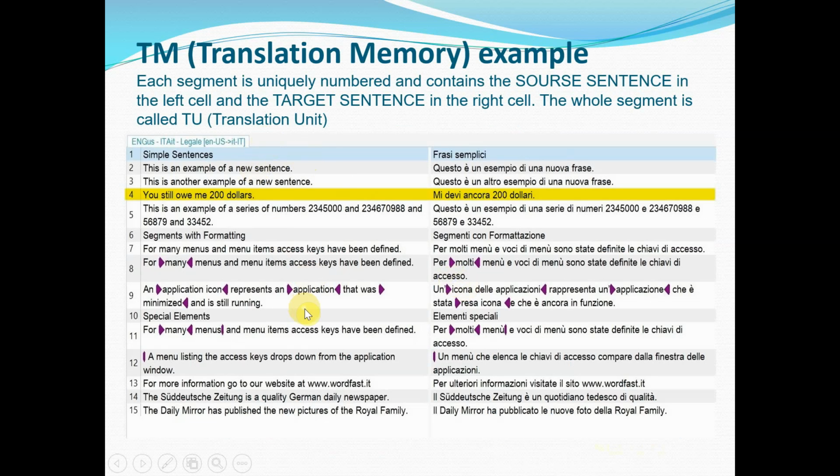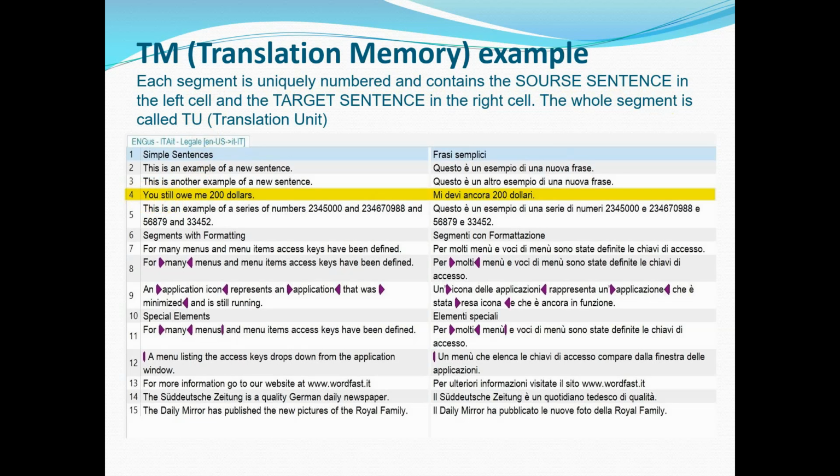This is an example of a translation memory. Here each segment is uniquely numbered and contains the source sentence in the left cell. So here we have, for example, the translation unit number 4. We have "You still owe me $200."